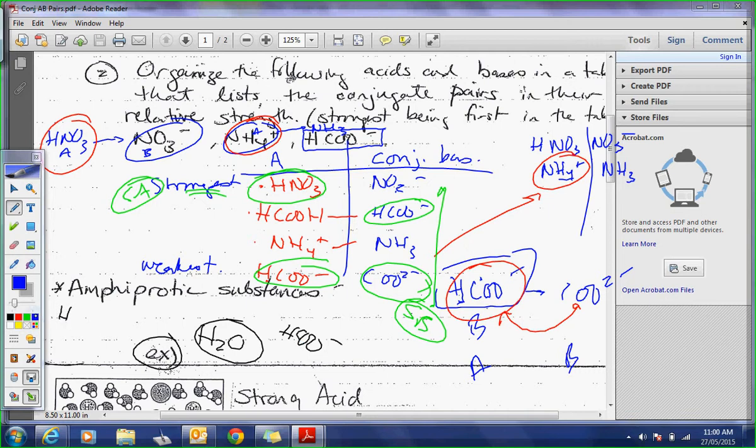I'm going to write this in a different color so you can see it. HSO4 minus. What does that look like that is familiar for you? H2SO4. Okay, I'm running out of word space here. What happens when H2SO4 donates a proton? It becomes HSO4 minus.